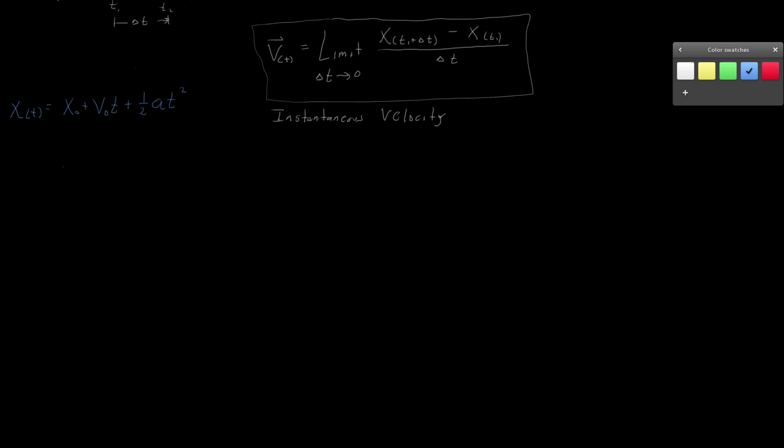Now that graphs as a parabola, and you might recall that the instantaneous velocity as a function of time was v0 plus a t. So we know this is the result of the derivative operator applied to this position function. Okay, let's go through the mechanics of doing that work, figure out what the derivative is.